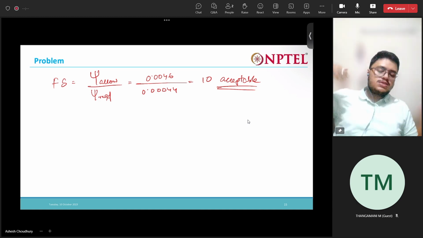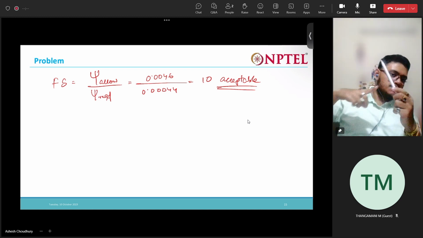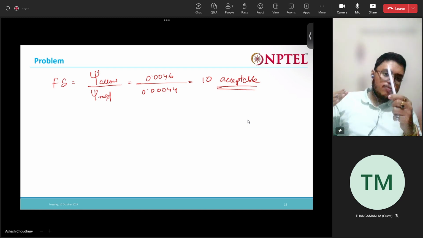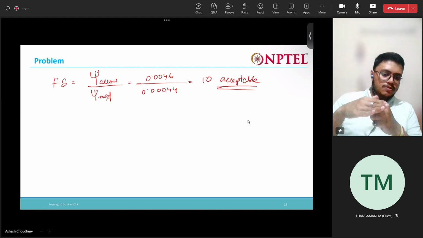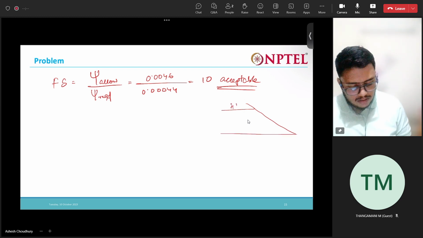Okay, so this is the cross-plane permittivity, right? This means the geotextile will be able to allow the water to pass through it adequately, right? So I hope you understand. This is a little critical. So here we have a geotextile placed like this. This is the high level, this is the low level.